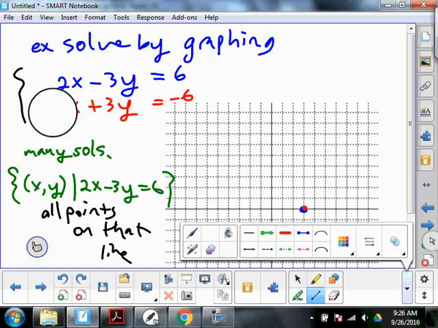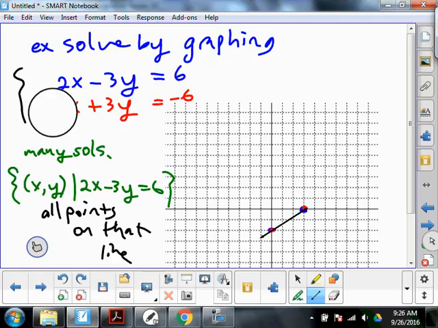So if I sketched the line that goes through those 2 points, my solutions are every single point on that line. And there's a bunch of them. There's a lot more than just the 2. So that's it. If we had to classify that, that would be classified as a dependent consistent system.